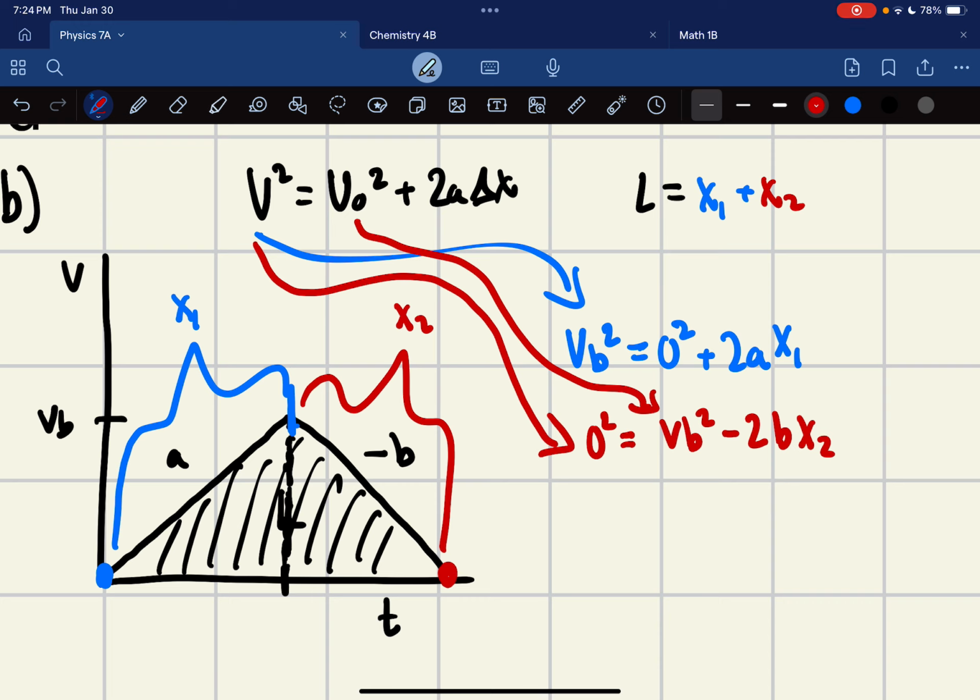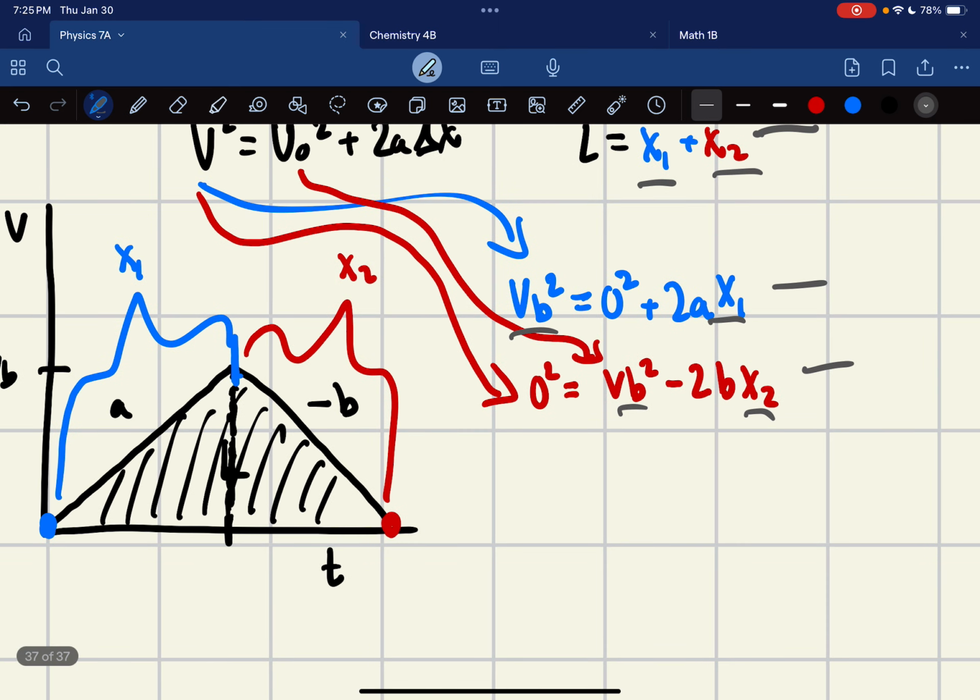So now we have two equations, and we just have to relate them in some way, which ends up being this. If you notice, we have three unknowns and three equations.